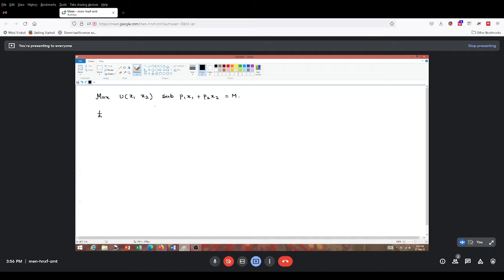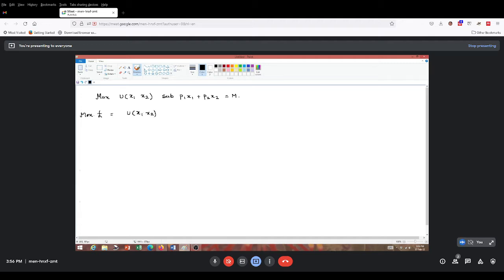Okay, now you know how to graphically find out what is the equilibrium condition in this case, but in order to find out this condition mathematically, we need to generate what is called a Lagrangian function, and then we try to maximize this. So this entire information, maximize utility subject to a budget constraint, can be written in this form.